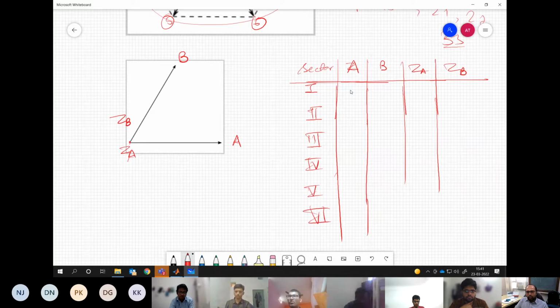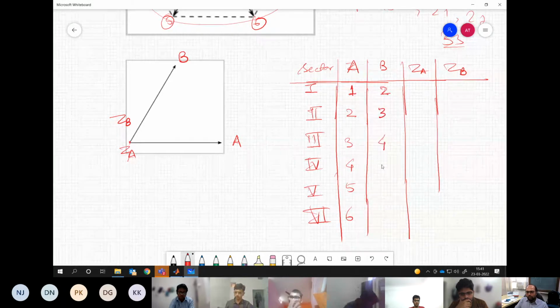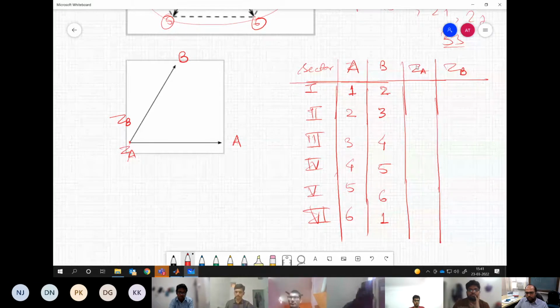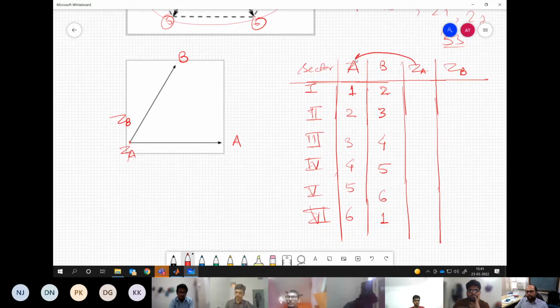So always the starting vector for sector 1 is 1 and then it goes in sequence. Similarly, the closing vector starts with vector 2 for sector 1 and then goes in sequence. Now, the 0 vector which is closest to the active vector 1 in sector 1 is basically 0.